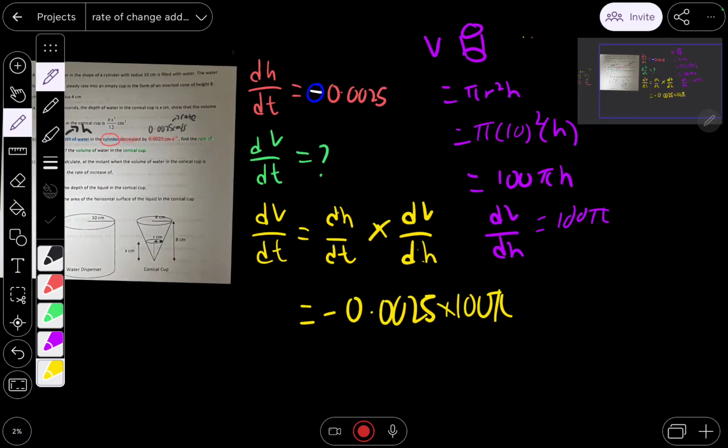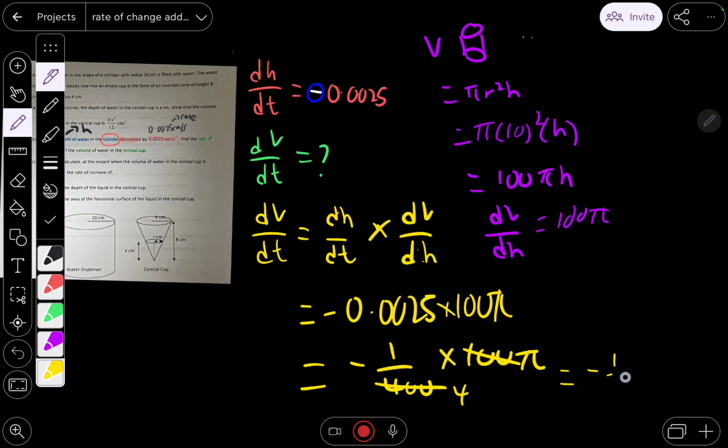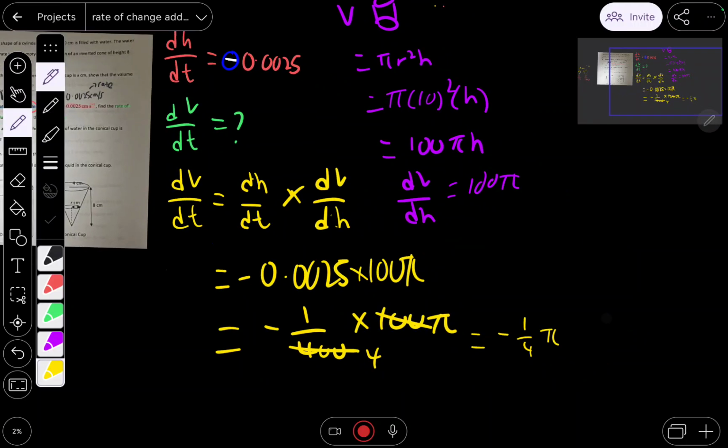I'll change it to fraction. Minus 1 over 400 times 100 pi. So 100 and 400, this becomes a 4. So this will be minus 1 over 4 pi. Or I'll write it as minus 0.25 pi.